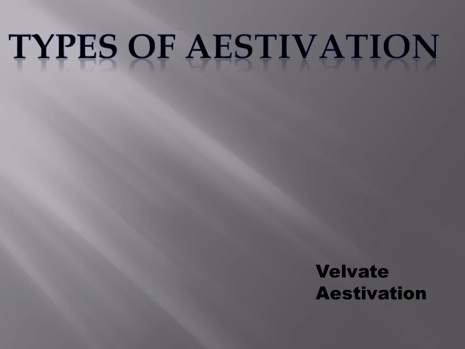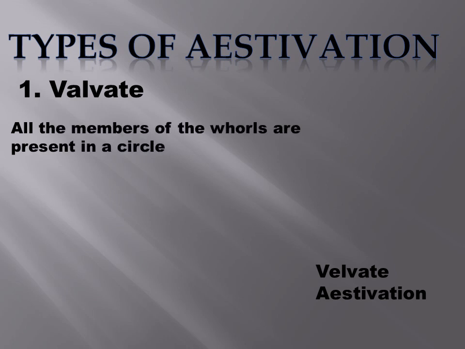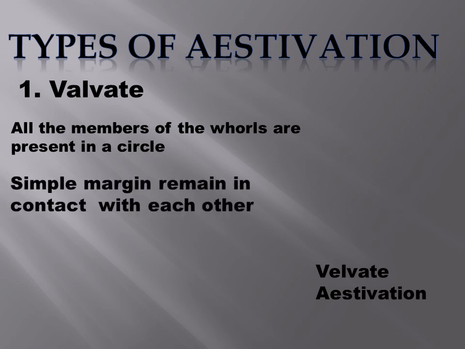So, the different types of estivation. The first one is valvate. Valvate is a type of estivation when all the members of a whorl are present in a circle, and their margins simply remain in contact with each other.